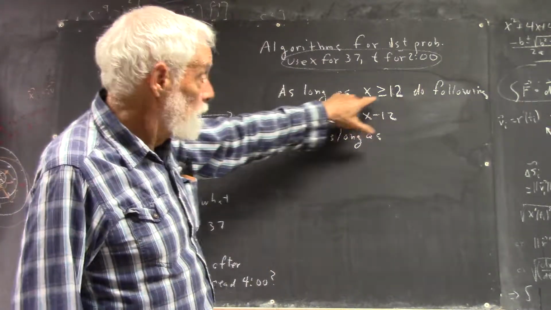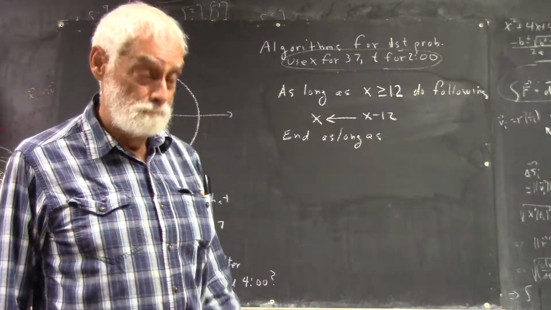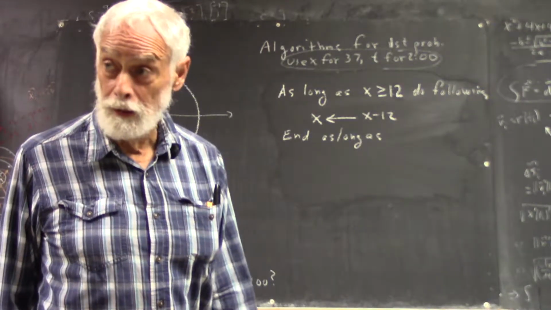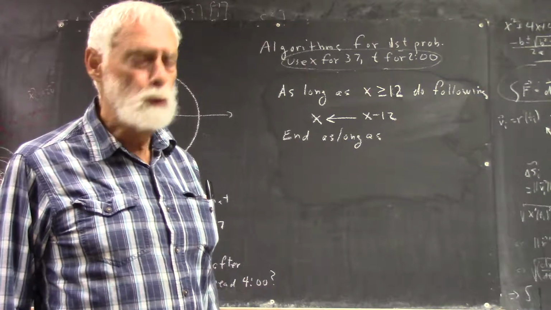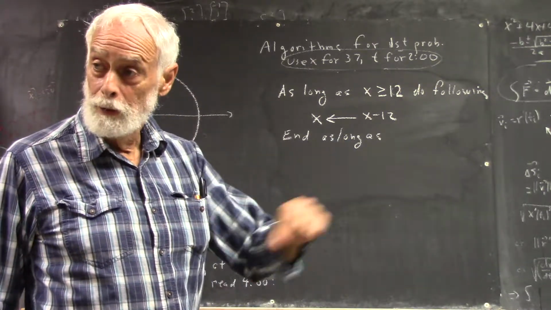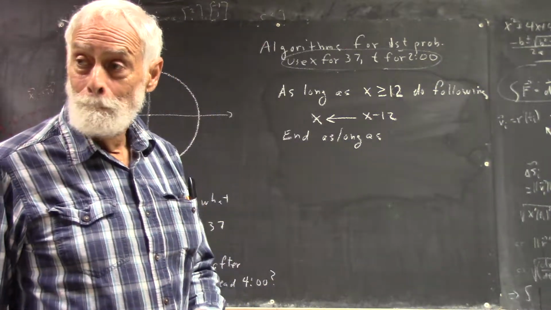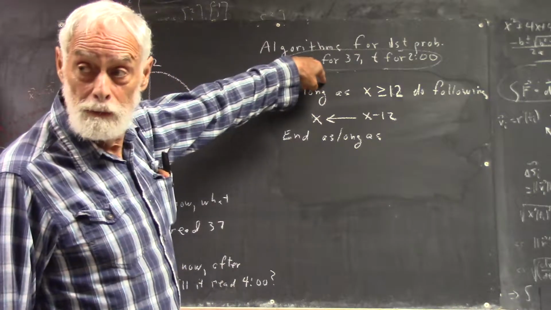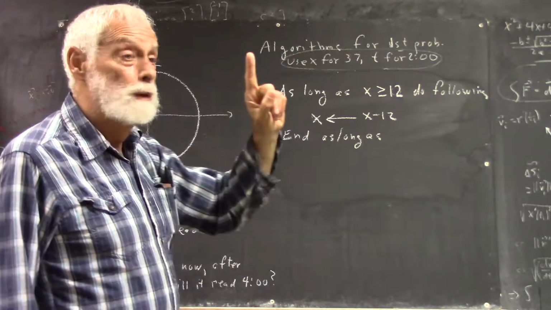Now, is x still greater than or equal to 12? Okay, so we subtract 12 again. X is 13. We subtract 12. We get 1. Now, is x greater than or equal to 12? No, it's 1.